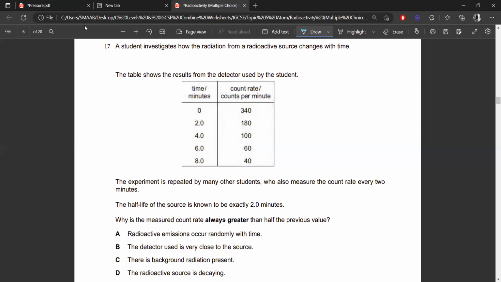The experiment is repeated by many other students who also measure the count rate every 2 minutes. The half-life of the source is known to be exactly 2 minutes. Why is the measured count always greater than half the previous value? Yes, because there is background radiation present. We are continuously performing the experiment, so that's why we are getting background radiation.